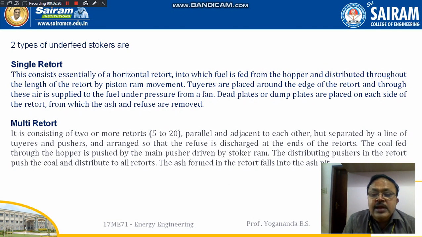Through these tuyeres air is supplied to the fuel bed under pressure from the fan. On each side of the retort, some dead plates are placed from which the ash and refuse are removed.